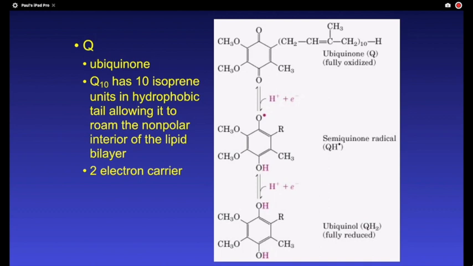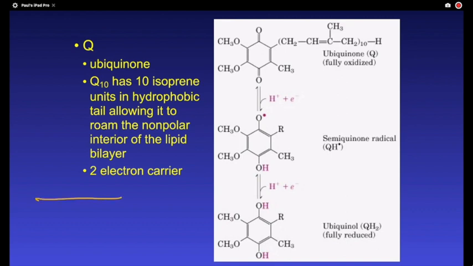But for us, this ring system has a very large hydrophobic tail, and that 10 is that repeating unit. That long tail allows this to be soluble in the membrane between the polar regions.